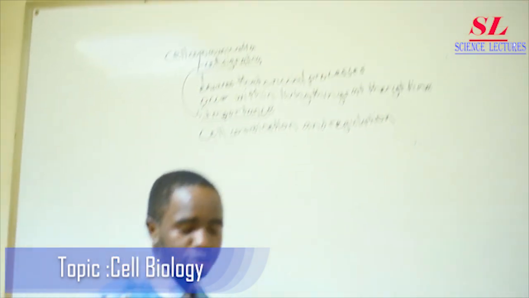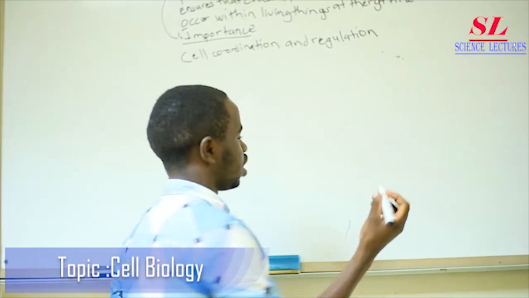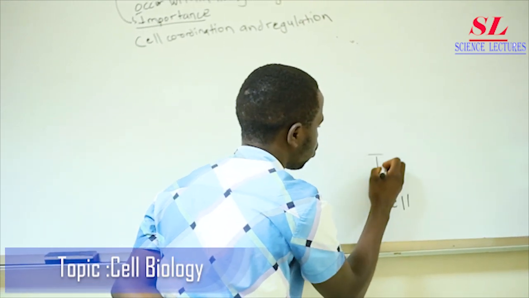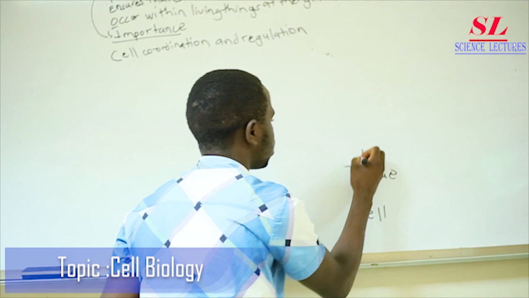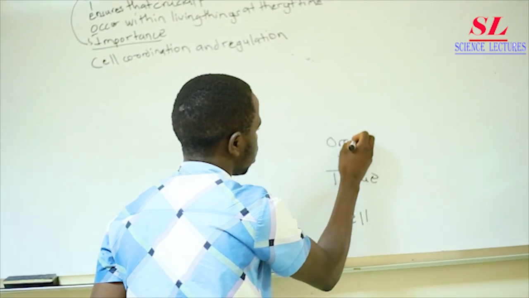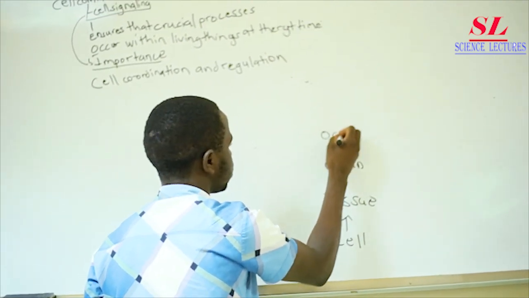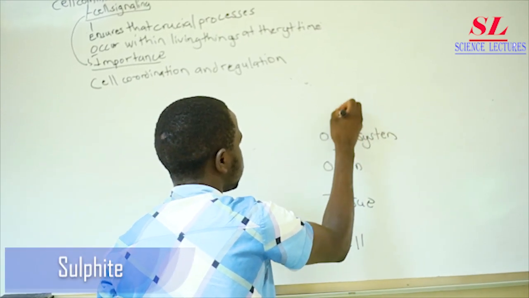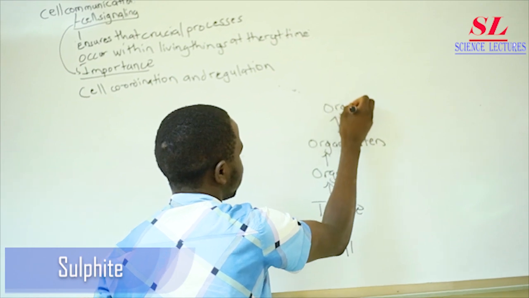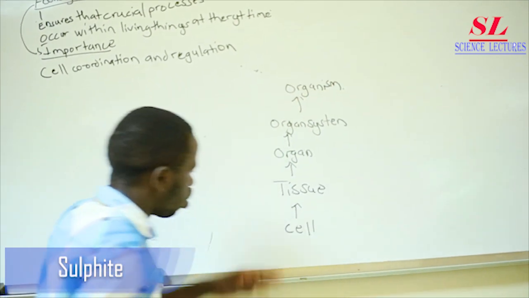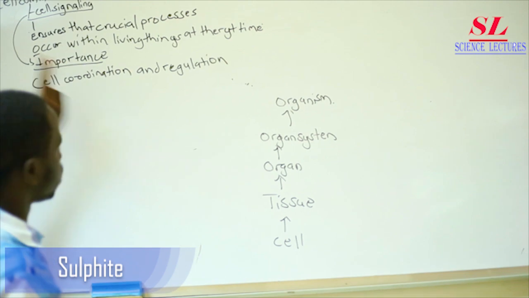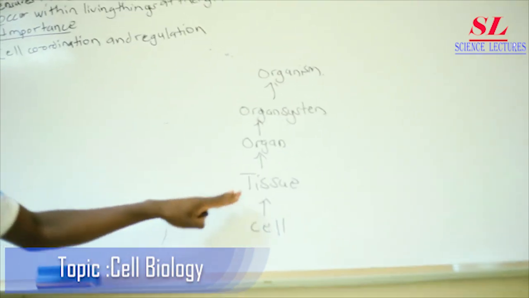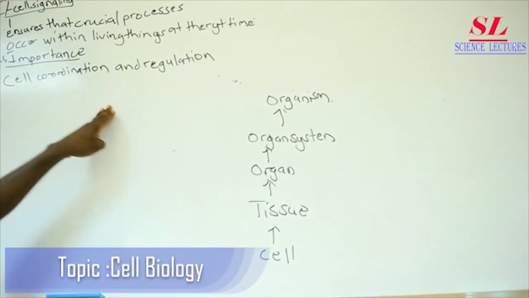Just as you were told from your early levels, every human being begins as a cell, which shall form a tissue, the tissue shall form an organ, then an organ shall form an organ system, then an organ system shall form a complete organism. So for all these to occur, we need something that coordinates and regulates this. So all this is under the control of cell signaling.